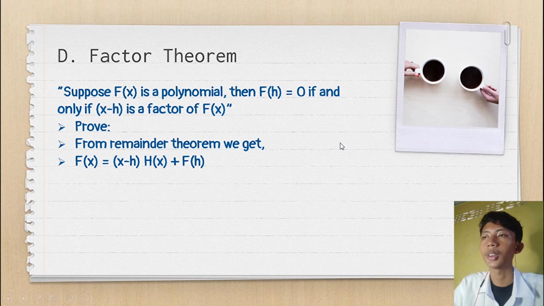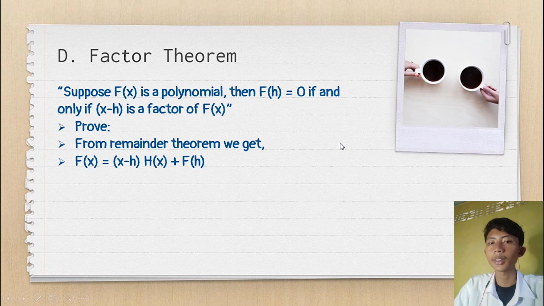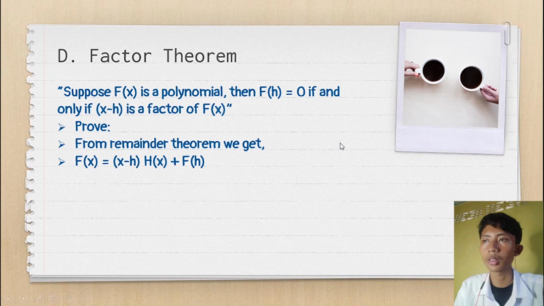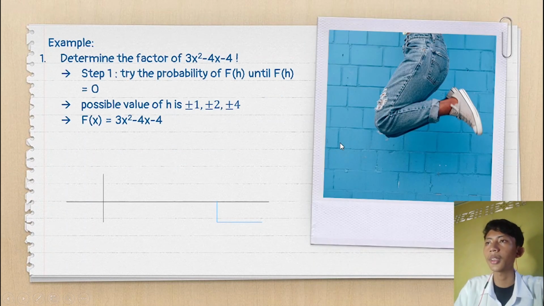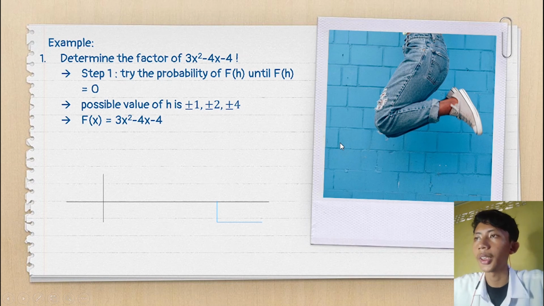If f(h) = 0, then f(x) = (x minus h) multiply q(x). So we can get x minus h is factor of f(x). f(h) equals 0. And then, for example 1. Determine the factor of 3x squared minus 4x minus 4.